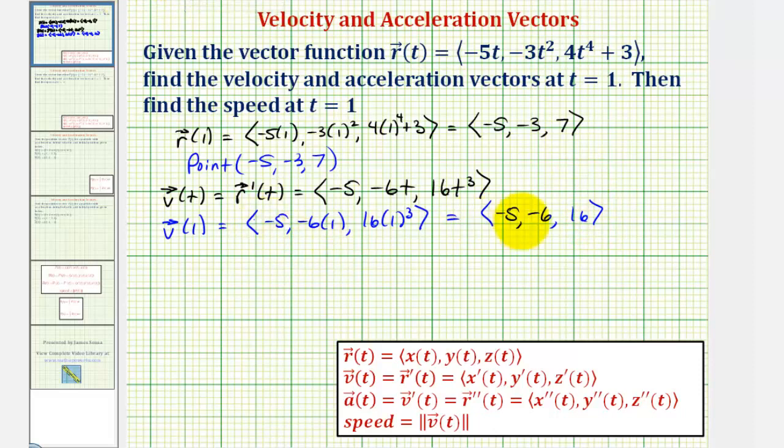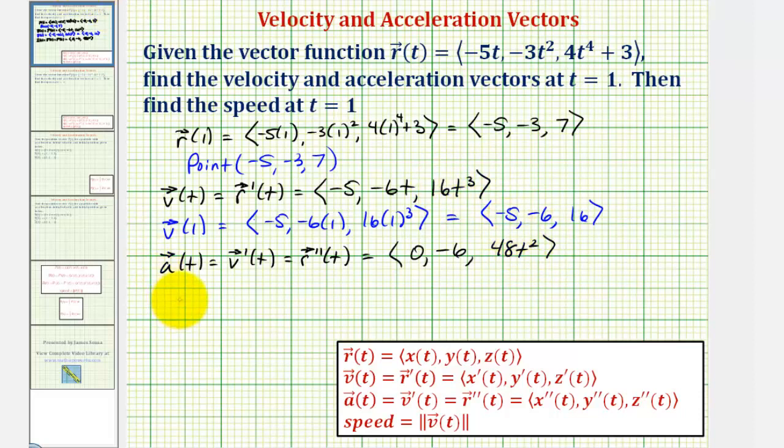And now we'll determine the acceleration vector valued function, a of t, which is equal to v prime of t, or r double prime of t. And since we just found the velocity vector valued function here, we'll take the derivative of these three components with respect to t. So the x component would be 0, the y component would be negative 6, and the z component would be 48t squared, since 3 times 16 equals 48.